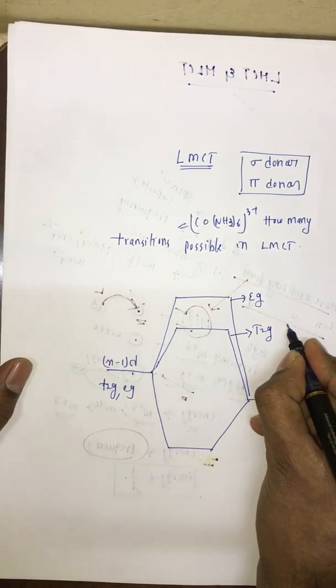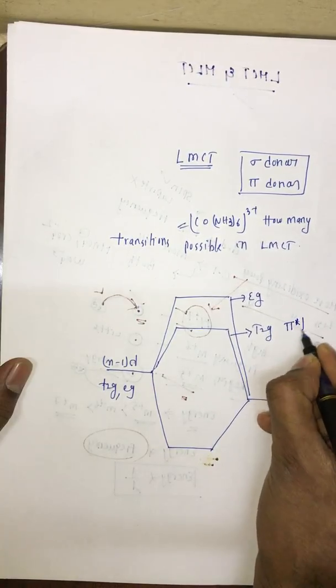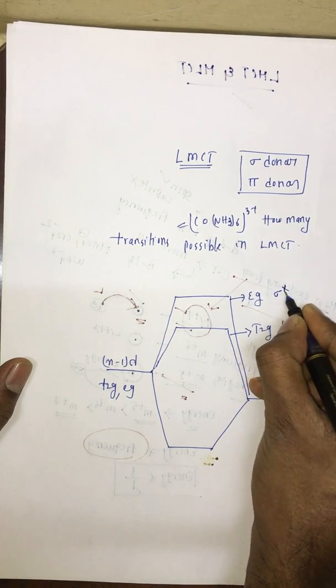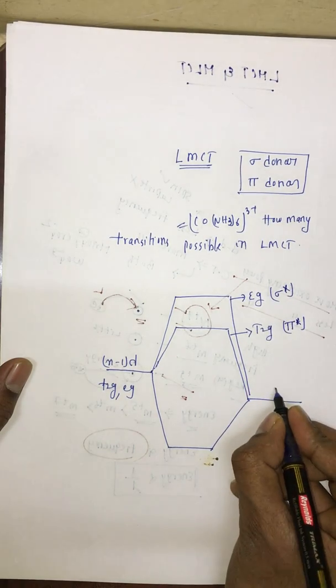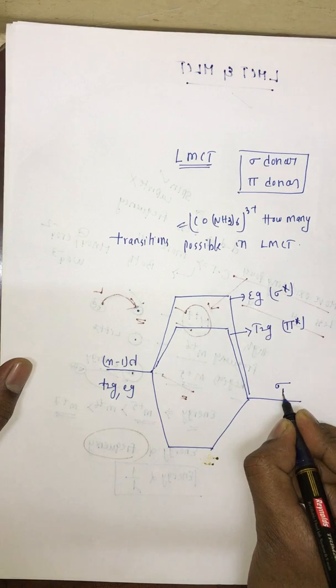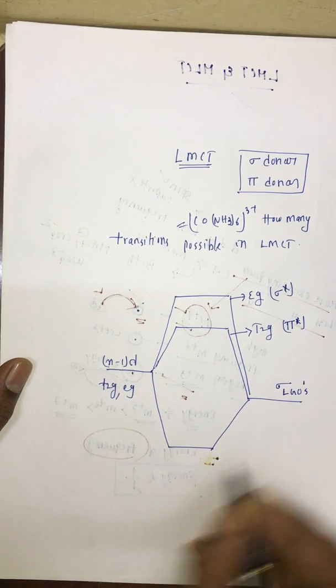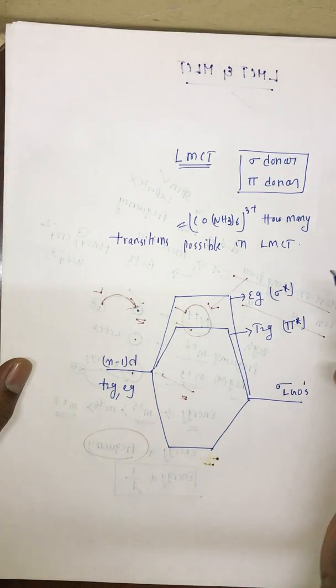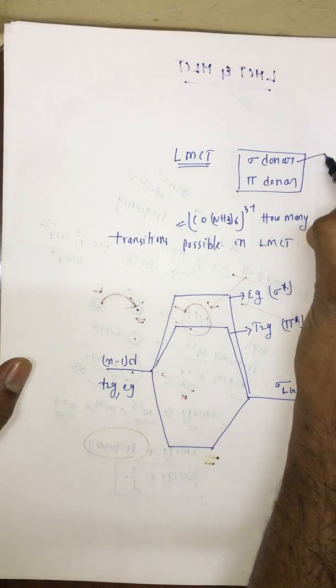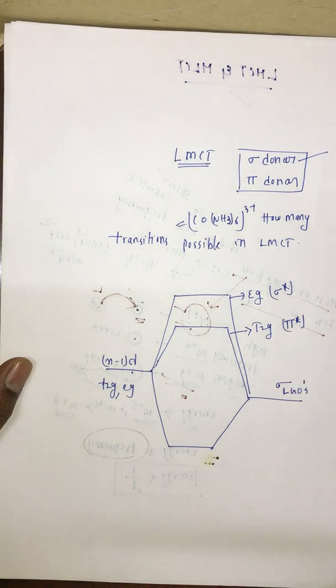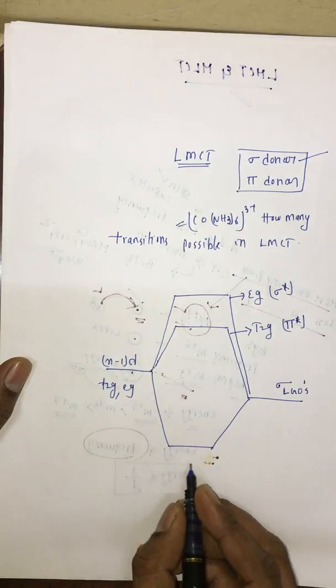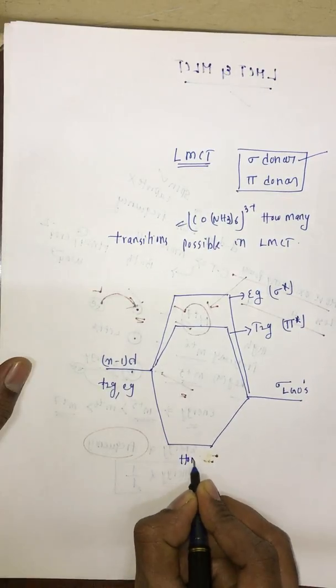T2g we will denote by pi star, Eg we will denote by sigma star, and these are the sigma ligand group orbitals. Here we are talking about the sigma donor. Pi donor we will talk about later. These are the HOMO orbitals of the ligands.